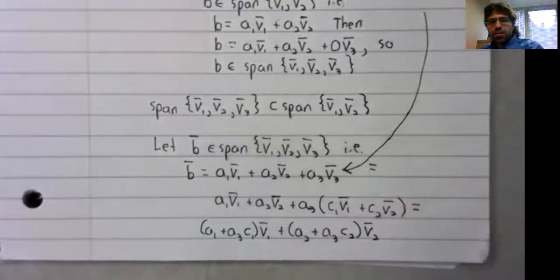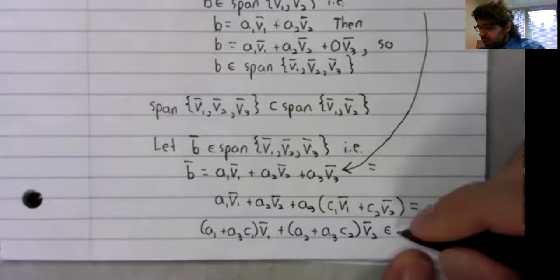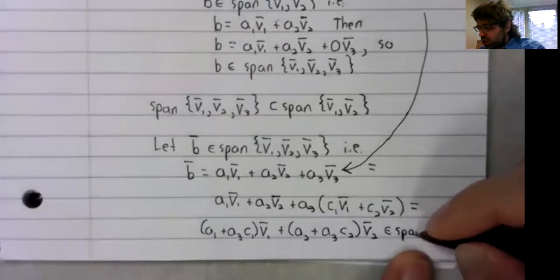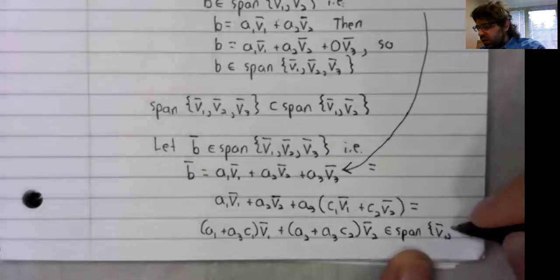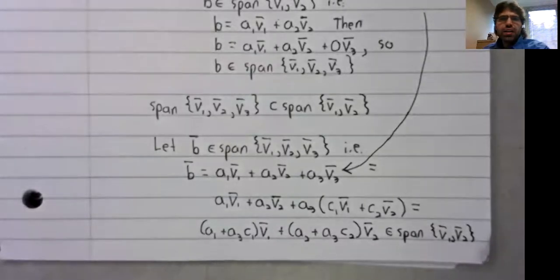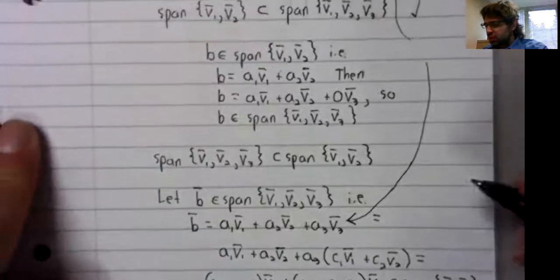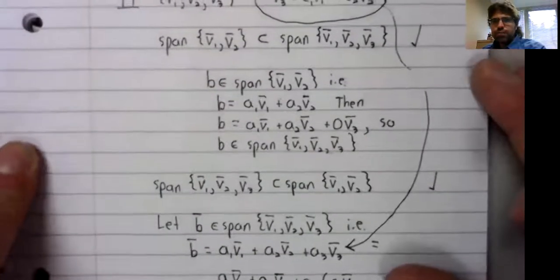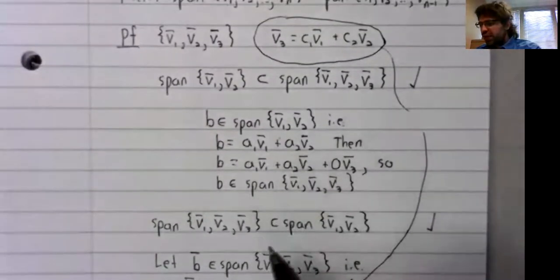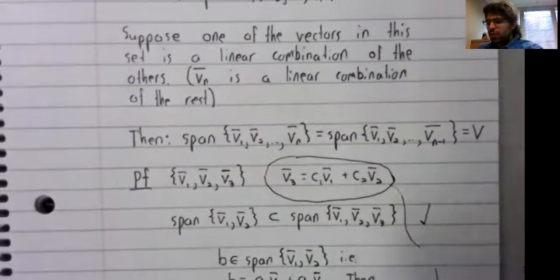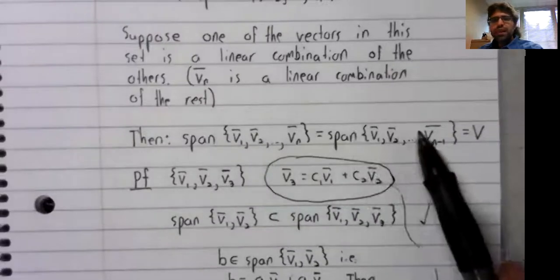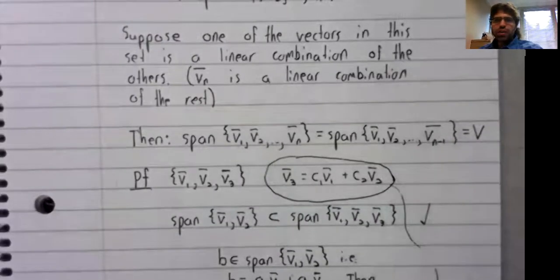So this vector belongs to the span of V1 and V2. So we have both these set inclusions, ergo we have this set equality, just as we wanted.